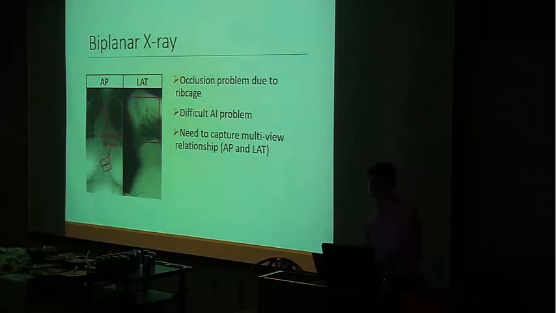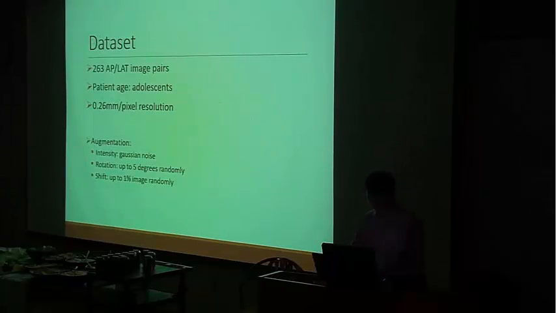So there has to be some kind of relationship between the two. Now, for my second work, I am essentially using that kind of relationship in a deep learning framework to solve the problem of automatic scoliosis assessment.